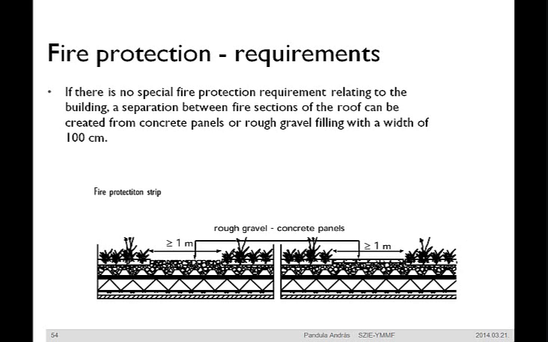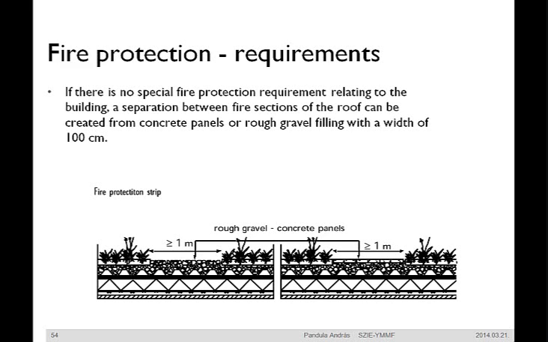The second one: if there is no special fire protection requirement relating to the building, so there are no firewalls or fire breaks, we should separate fire sections by creating 100 centimeter wide fire protection strips.